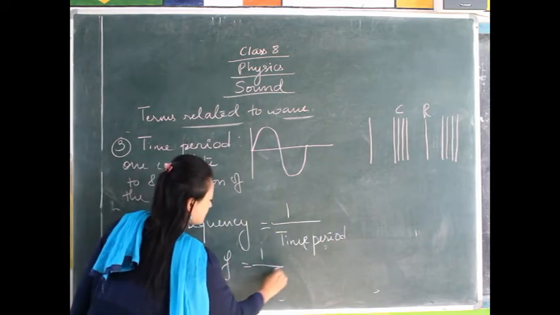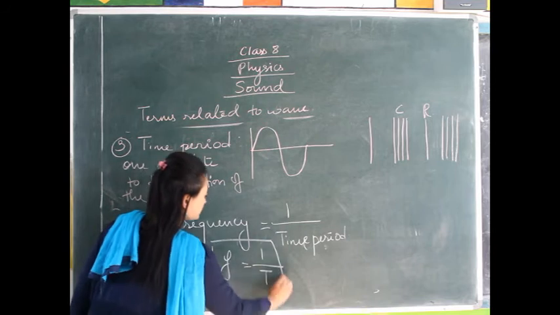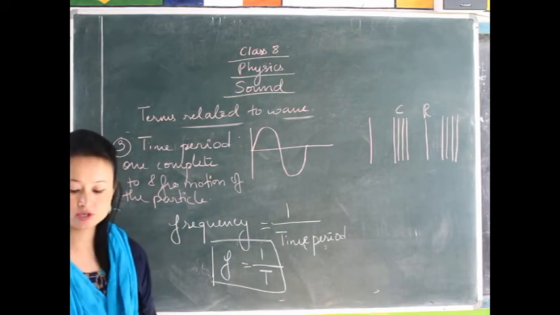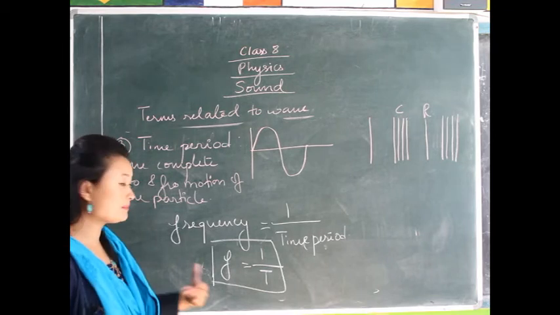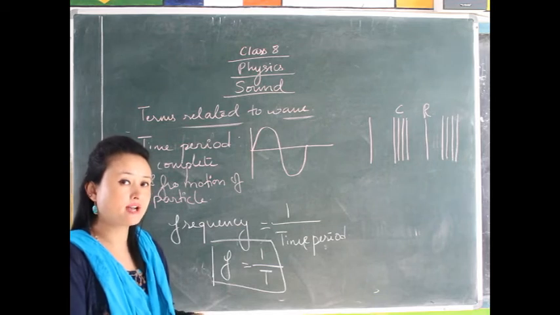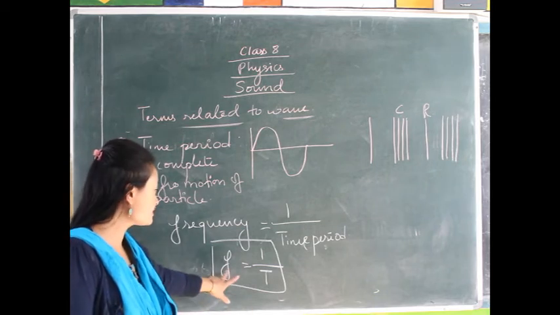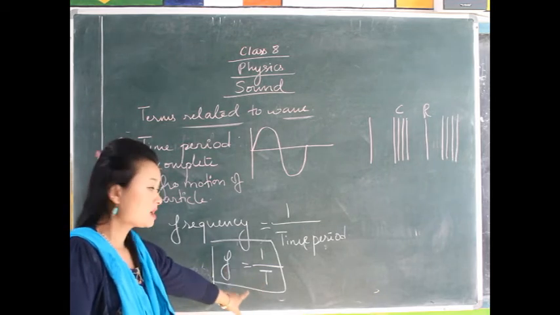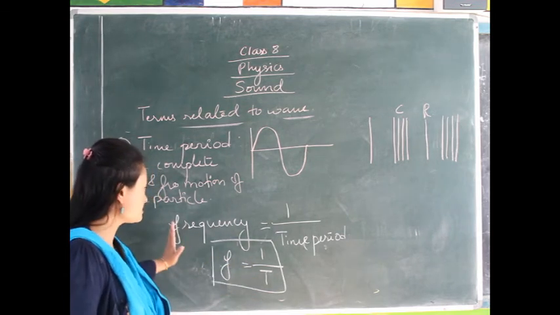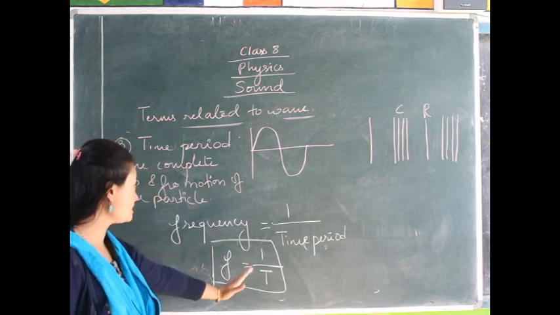What does this mean? This means that frequency and time period are inversely proportional. So if time period is more, frequency will be less. If frequency is more, time period will be less. So they are always inverse of each other.